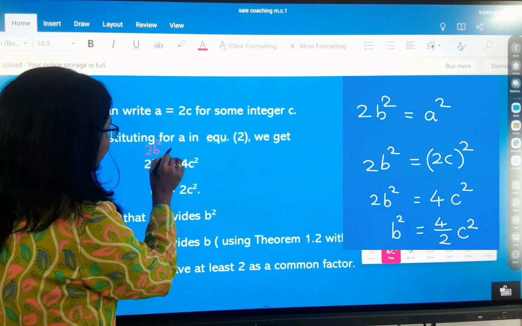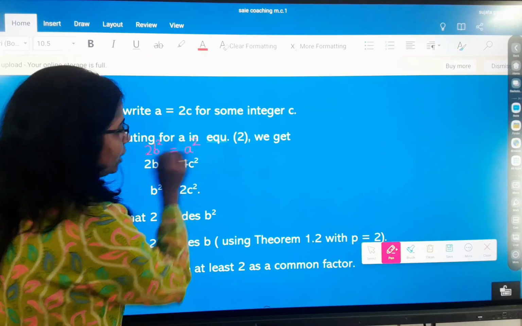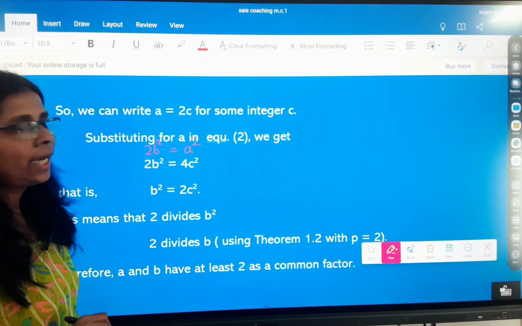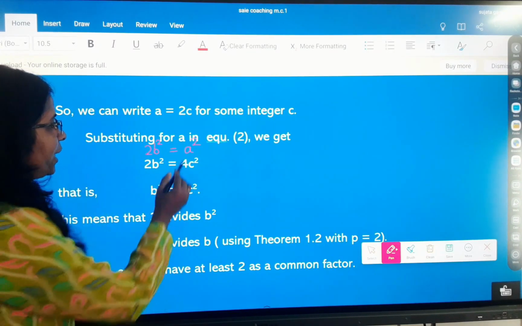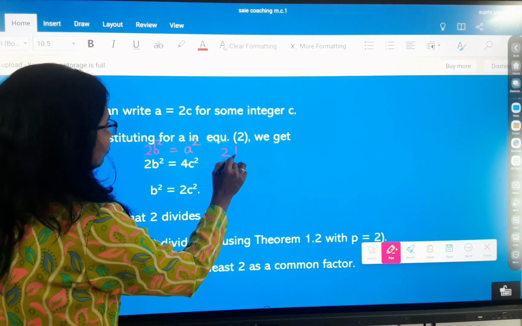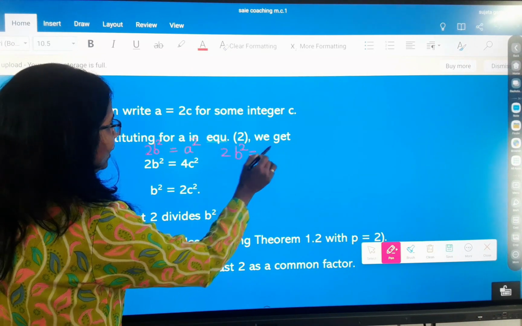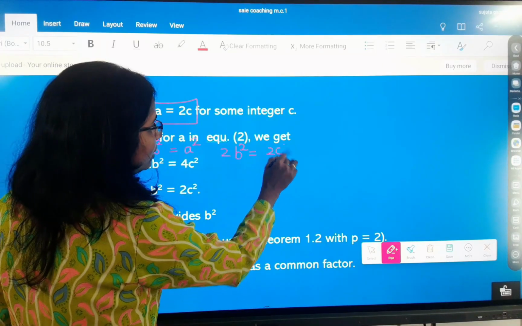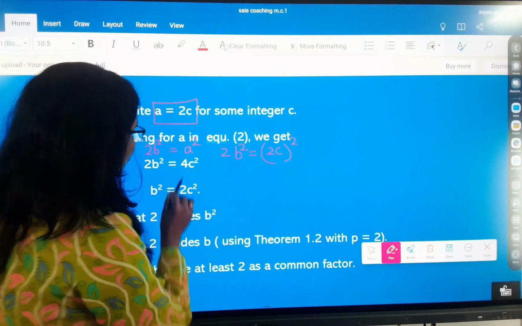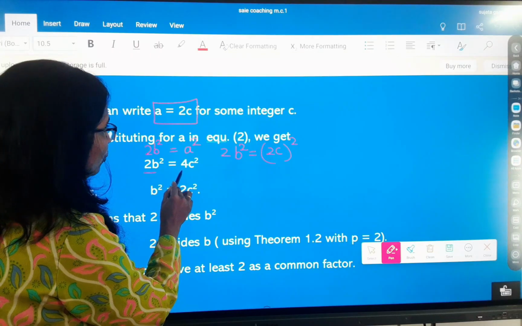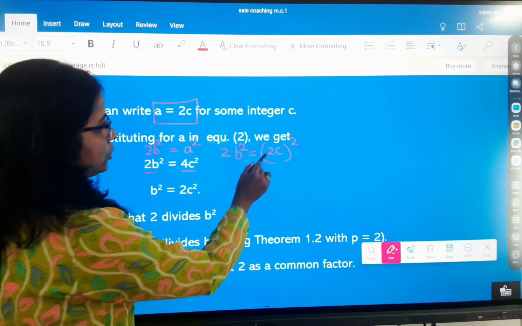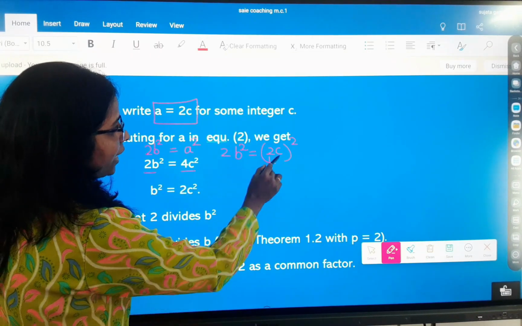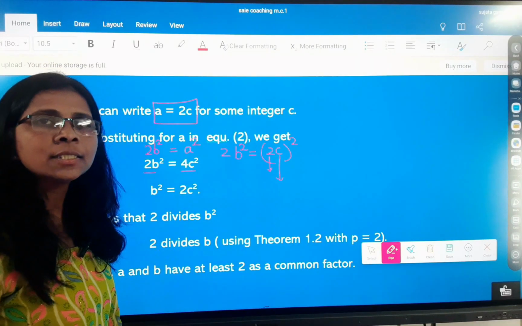Now here, what is the value of A? A is equal to 2C. So I substitute 2C here and square it. So 2B square is equal to 4C square, square of 2 that is 4, and square of C that is C square.